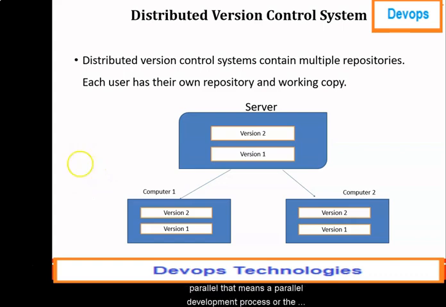That means even 1,000 members can work on the project. Every computer will have a clone of the server, and they can do whatever operations they want, and once they complete, they can push to the main server.